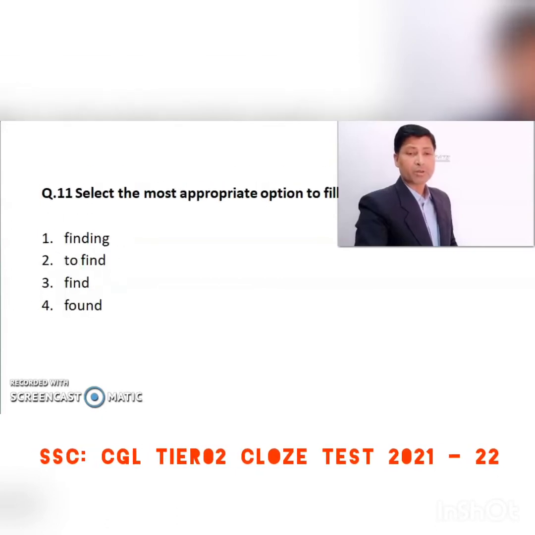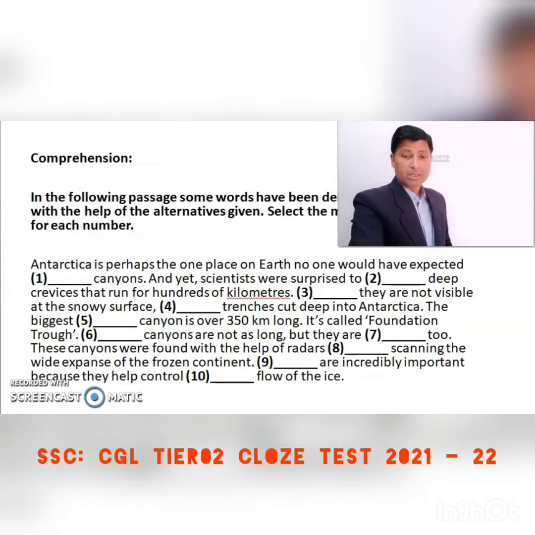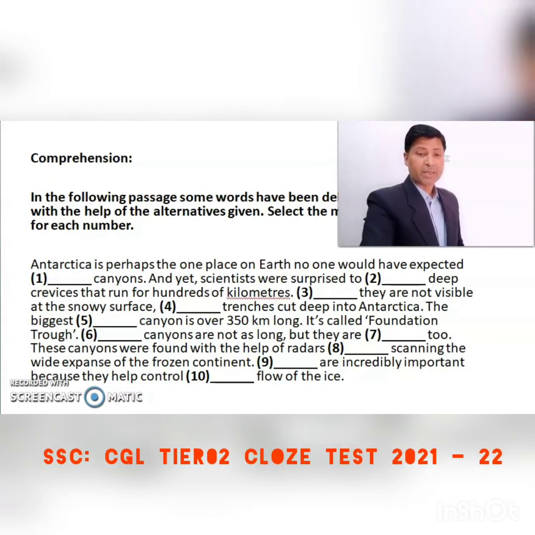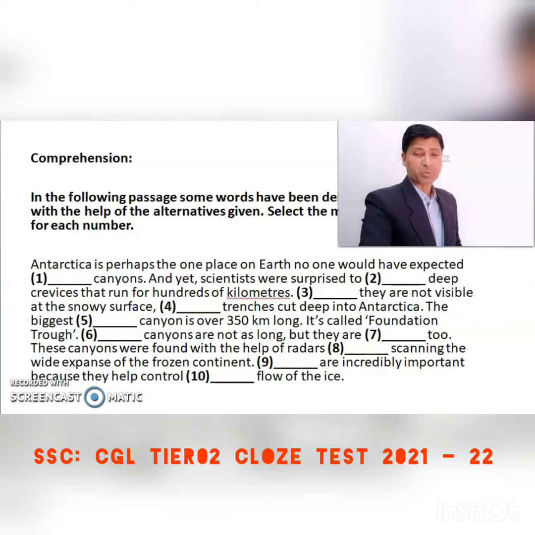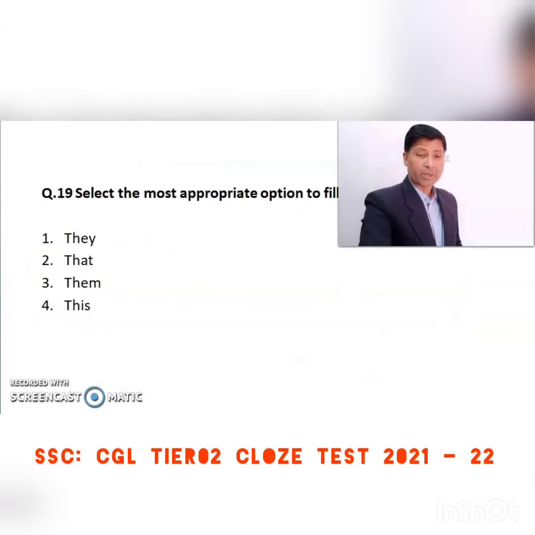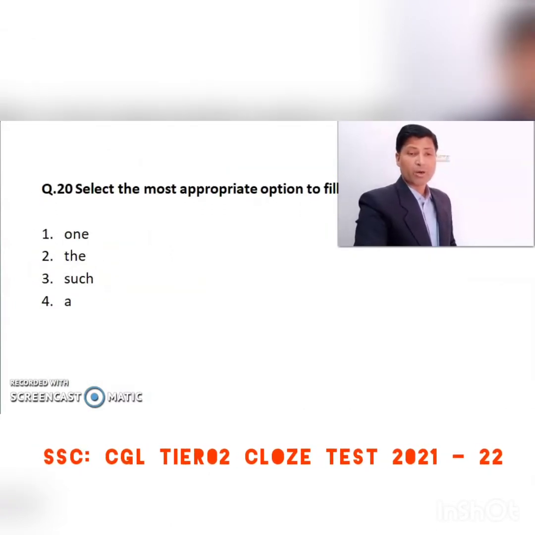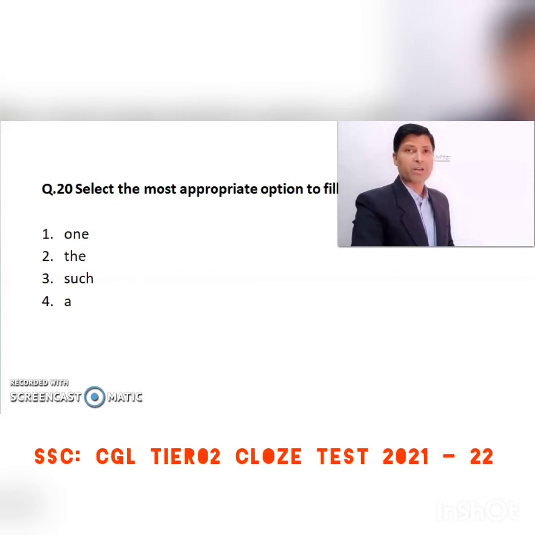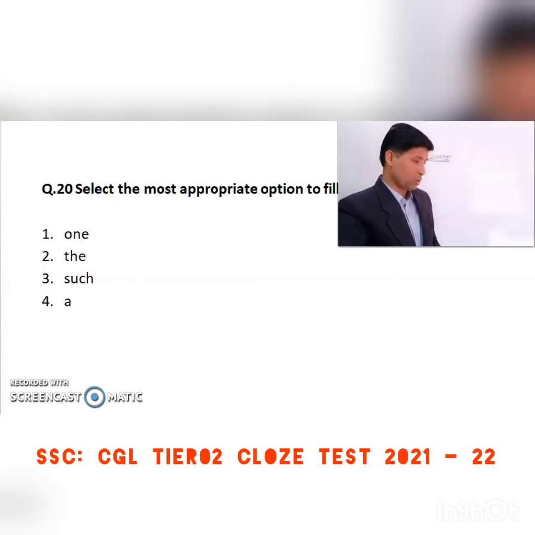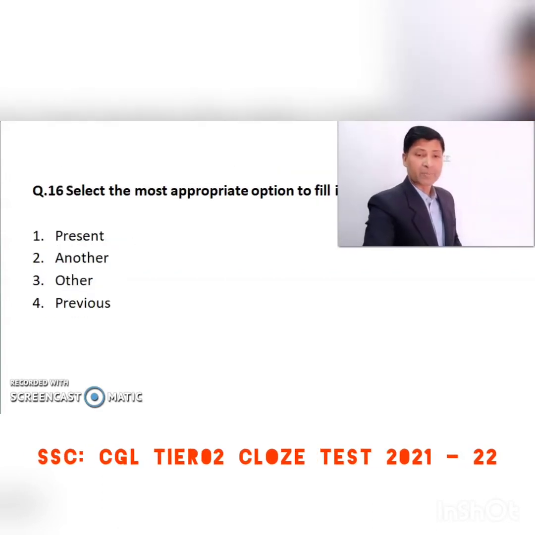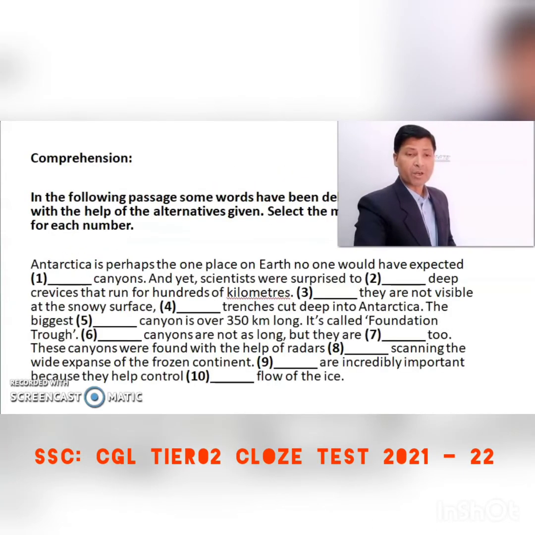Now look at number 10. They are incredibly important because they help control. Here we need an article: one, the, such a. It should be a particular article, the definite article.